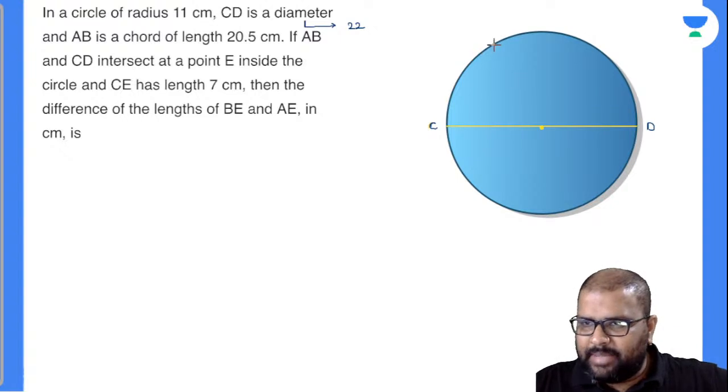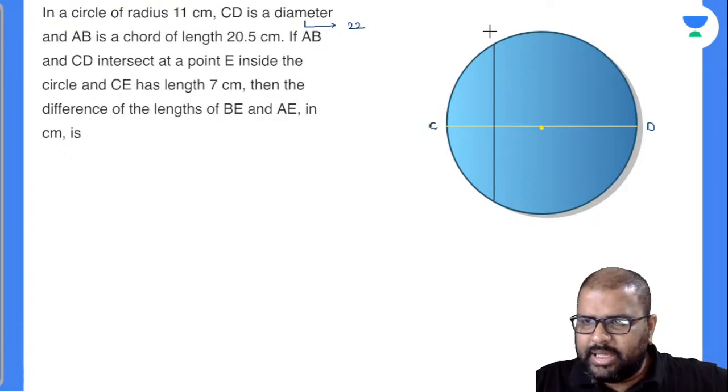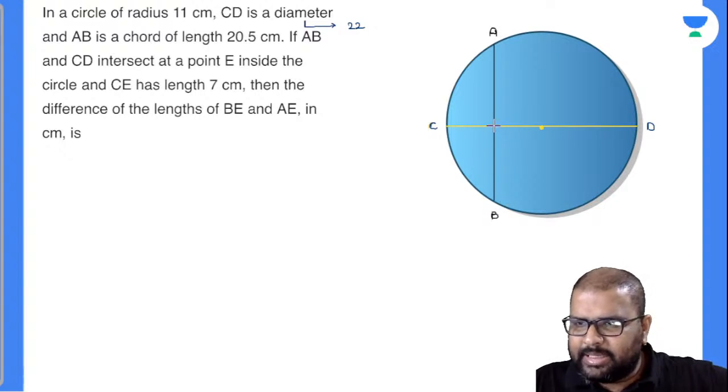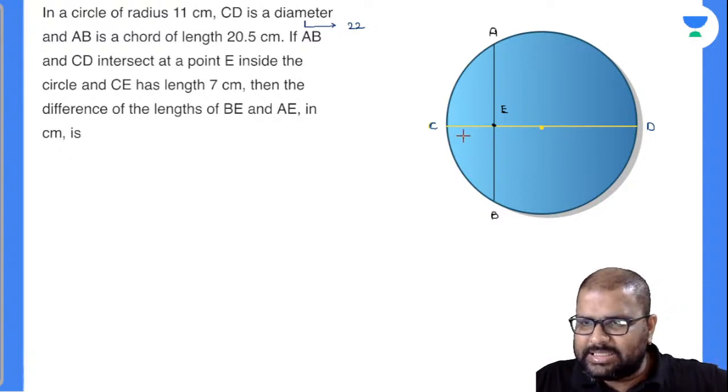Now see here, AB is a chord. This is A and this is B, of length 20.5, and they intersect at a point called E. I will take down this point as E. CE has length 7 centimeter.